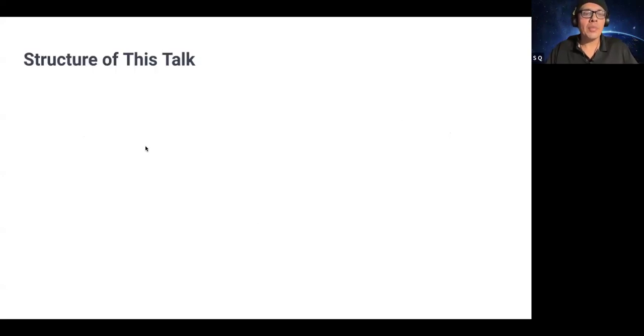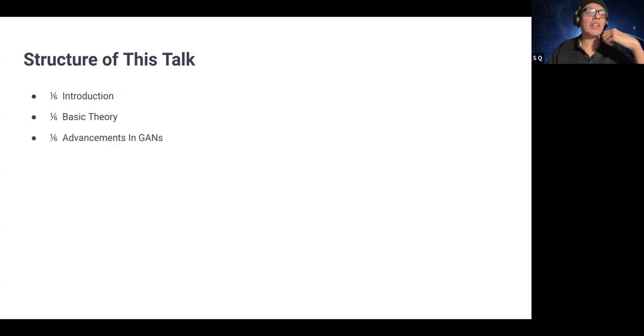So the structure of this talk: the initial part is just going to be an introduction to the background of where this is all coming from, and a few precursor things. I'll be going next into the basic theory of generative adversarial networks and touching a little on the pieces that put that together in terms of the AI.